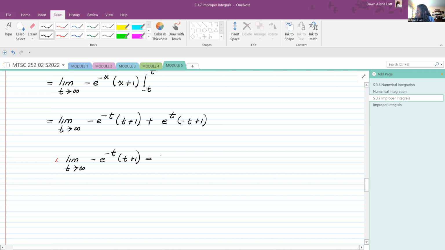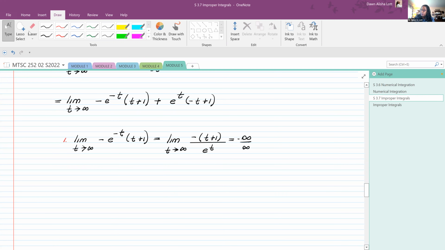So I'm going to write it as the limit as t approaches infinity of negative t plus 1 divided by e to the t. So I get negative infinity over infinity. And that thing is an indeterminate form. So what rule can I use? If we take the negative out and put the negative in at the end, I don't have to worry about the negative.